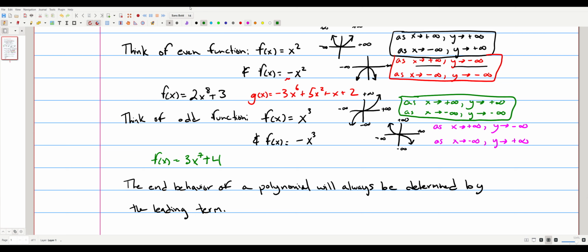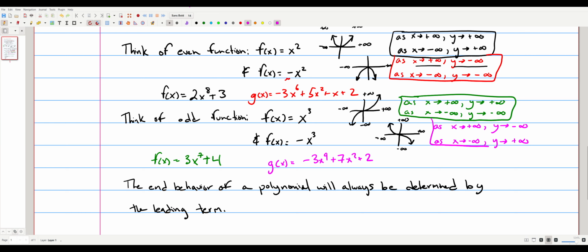Likewise, if we had a function g of x equals negative 3x^9 + 7x^2 + 2, because this is the leading term, the end behavior of this polynomial is going to match the end behavior of negative x cubed.